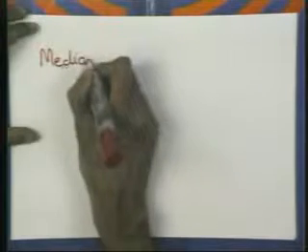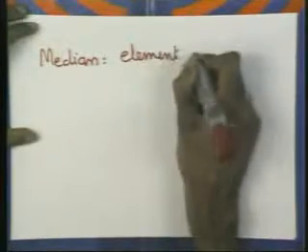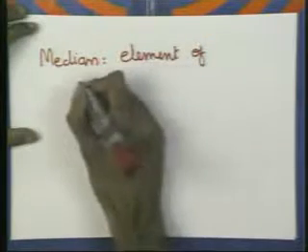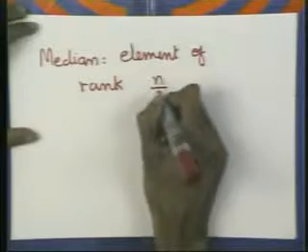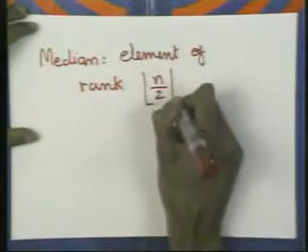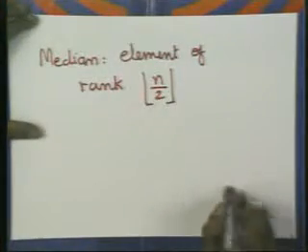So let me state this problem. This element of rank n by 2 is called the median. So the median is an element of rank n by 2, let's say floor of n by 2. You could take the ceiling of n by 2, it doesn't matter.